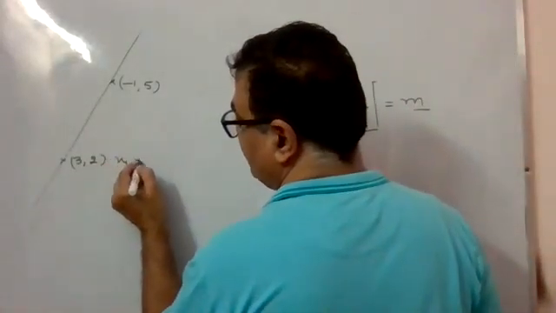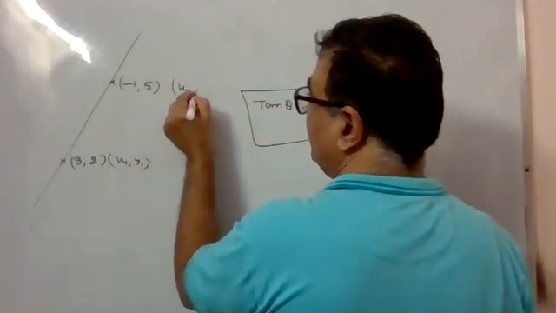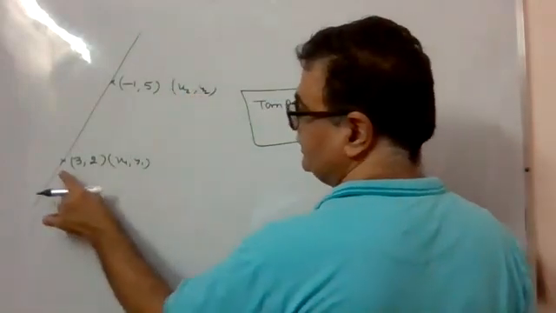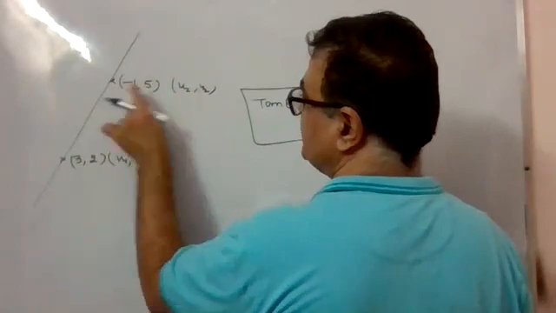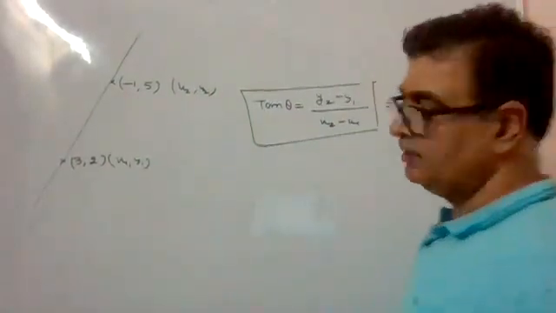If you have taken this as x1 y1, then this is your x2 y2. x1 is 3, y1 is 2, x2 is minus 1, y2 is 5.